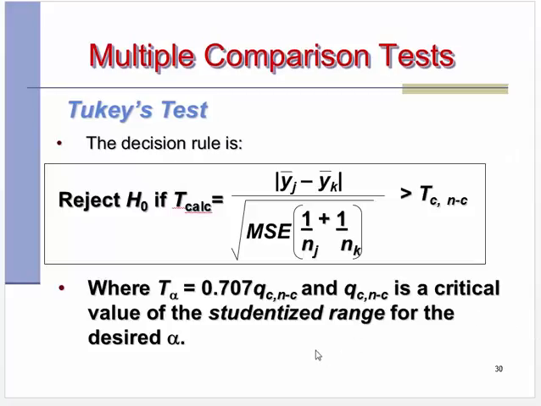The decision rule is you reject the null if the calculated t, equal to y j bar minus y k bar divided by the square root of MSE times 1 over n j plus 1 over n k, is larger than t critical, where t alpha equals 0.707 times Q c, n minus c, and Q is the critical value of the studentized range for the desired alpha.